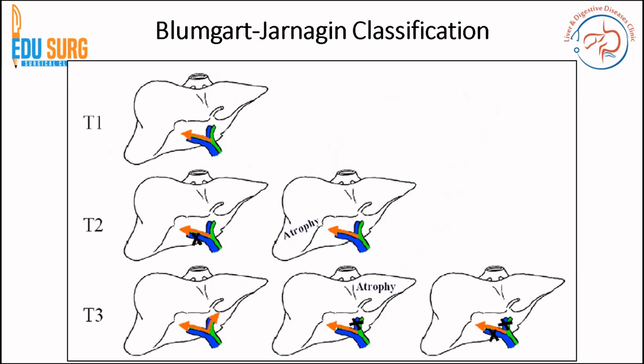So there are specific contraindications to surgery that include presence of bilateral vascular involvement, presence of unilateral vascular and contralateral atrophy, or bilateral vascular involvement along with atrophy. So T3 disease generally does not come in for surgical intervention.